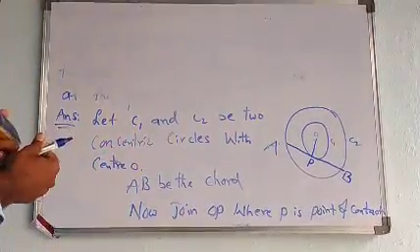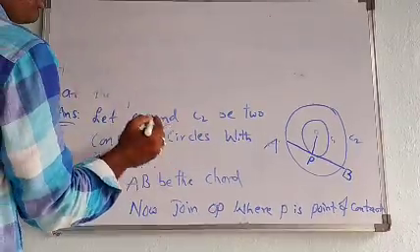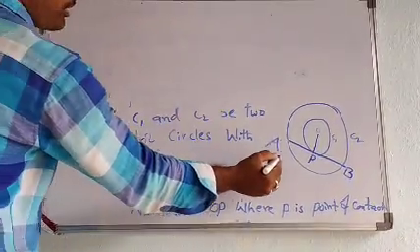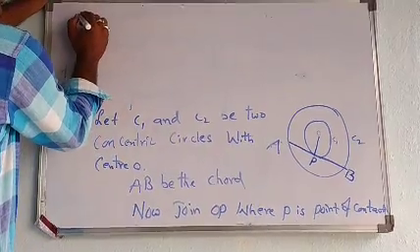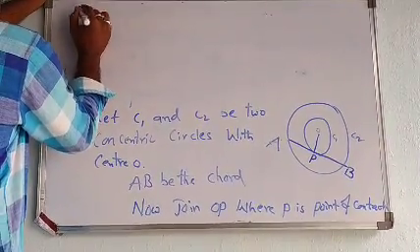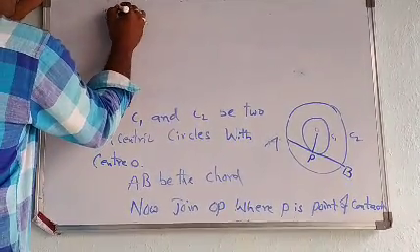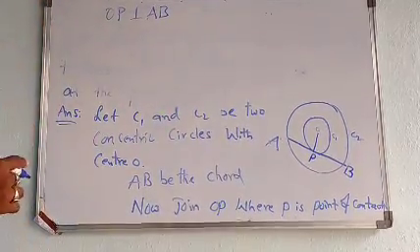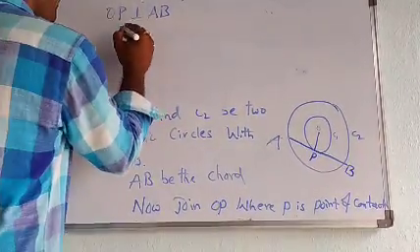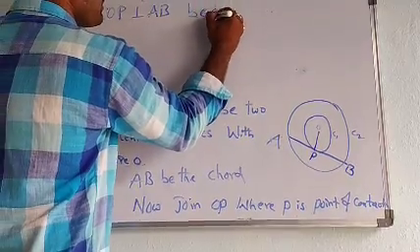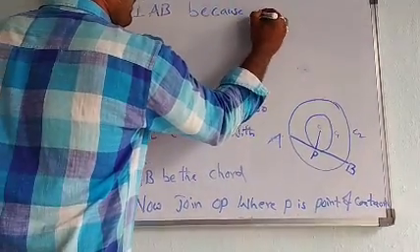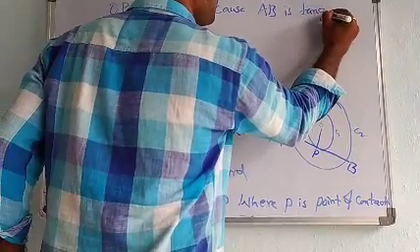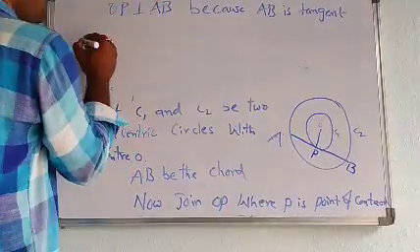Now if you observe here, P is the point of contact, OP is perpendicular to AB, because AB is tangent to circle C1.